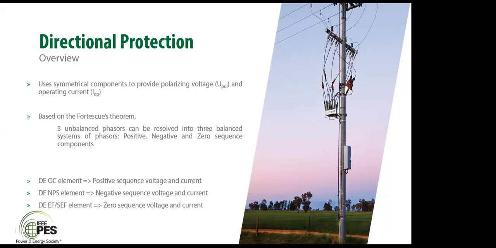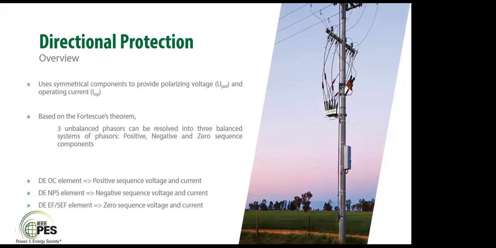If we use the directional overcurrent element, then the positive sequence voltage and current will be considered as the polarizing voltage and operating current. If we activate the negative phase sequence element, then the negative sequence voltage and current from the system will be considered as the polarizing voltage and operating current.